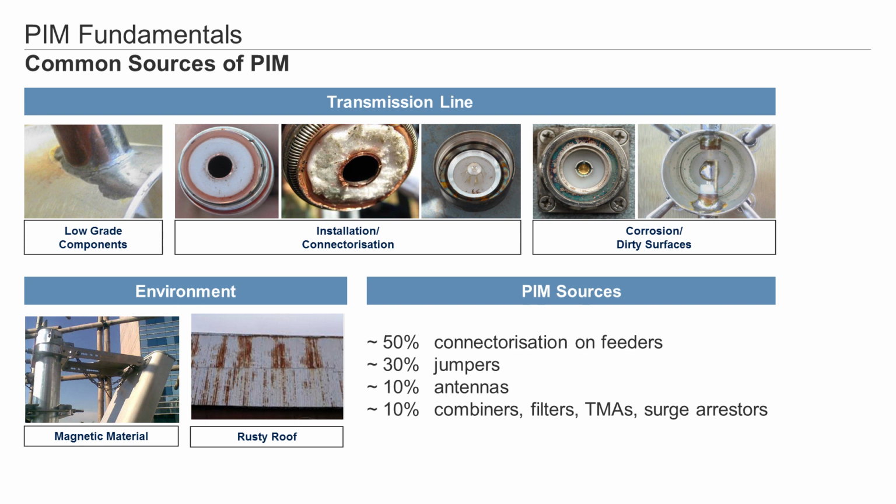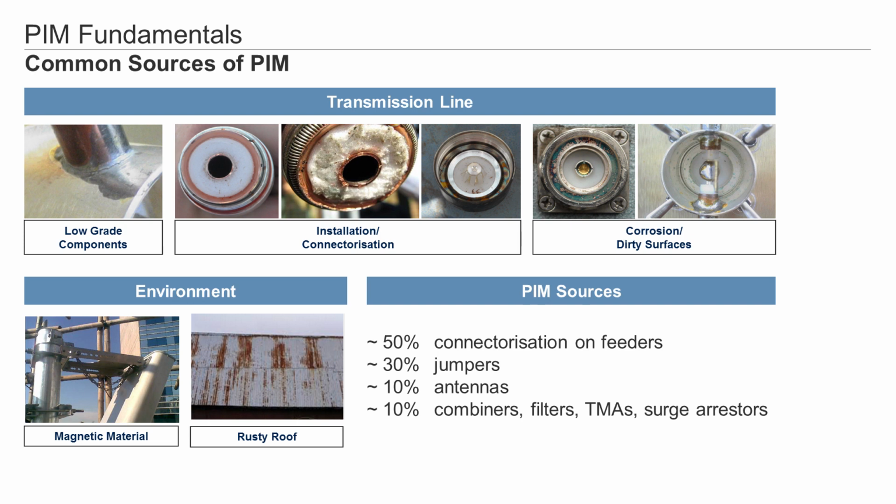In terms of PIM, there are two main areas where problems can occur. PIM can be generated from within the transmission line, coax installation. This is called internal PIM. The other area is PIM created by external factors.